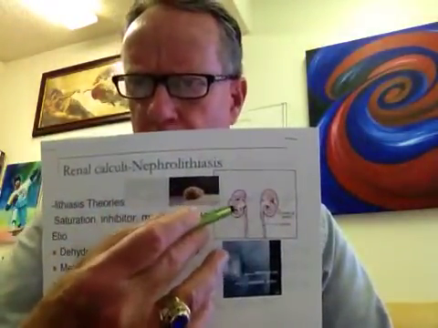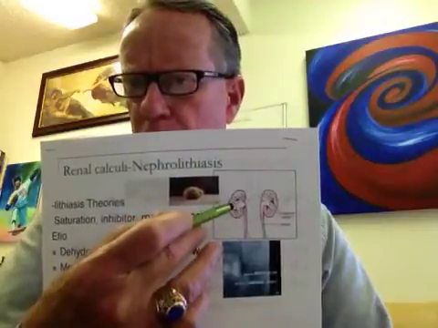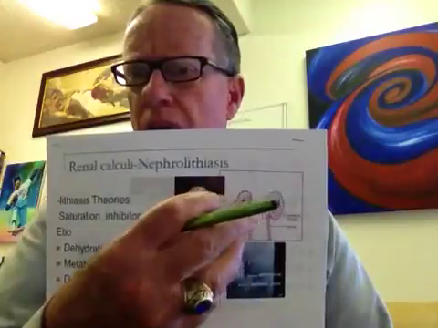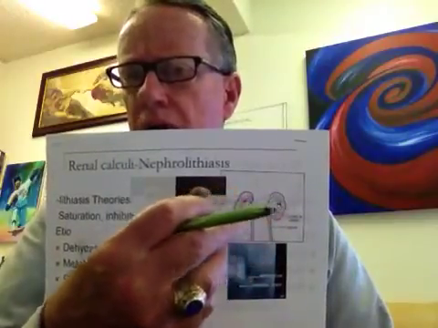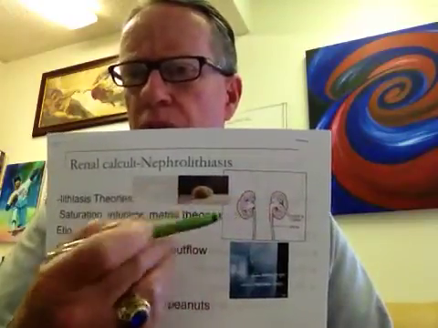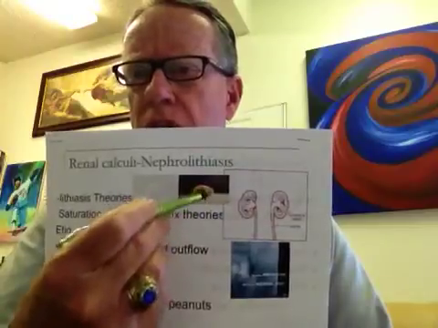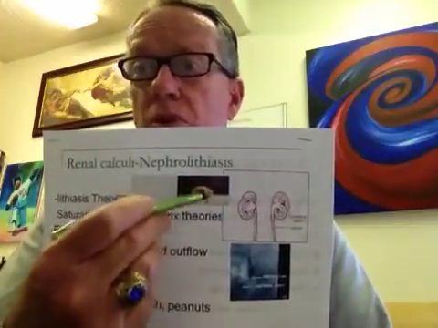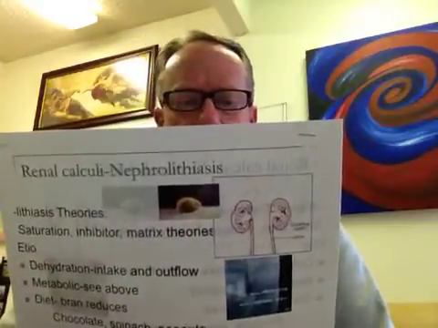Because filtration is what's occurring here, if there's increased numbers of salts that come into the kidney and the water is removed, then there's a formation of these calculi, and these tend to accumulate more salts and get enlarged.